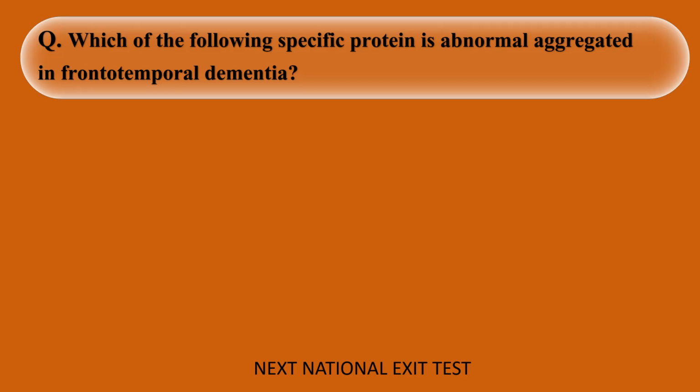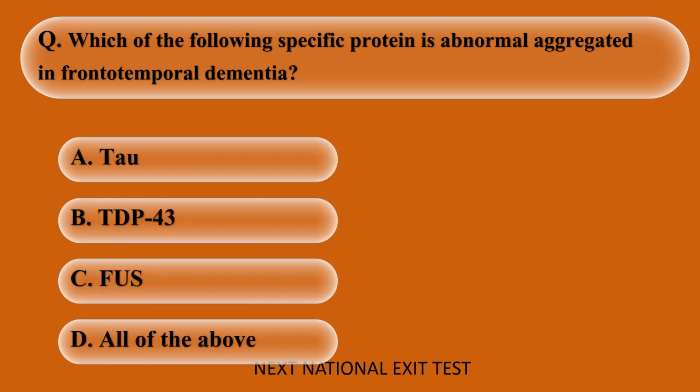Which of the following specific proteins is abnormally aggregated in frontotemporal dementia, that is FTD? A. Tau, B. TDP43, C. FUS, and D. All of the above. Now let us look at what frontotemporal dementia is. FTD is characterized by progressive degeneration of the nerve cells in the frontal lobe and temporal lobe.